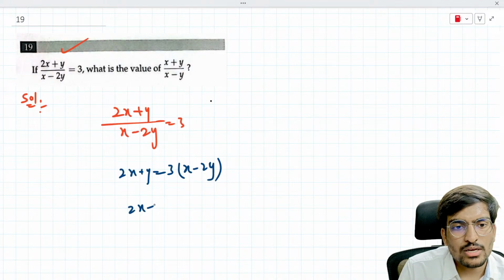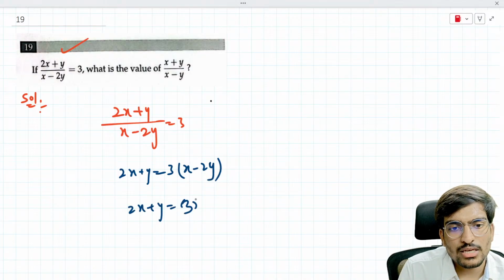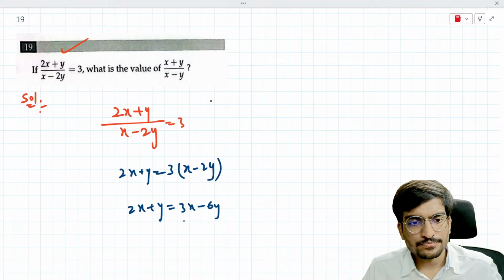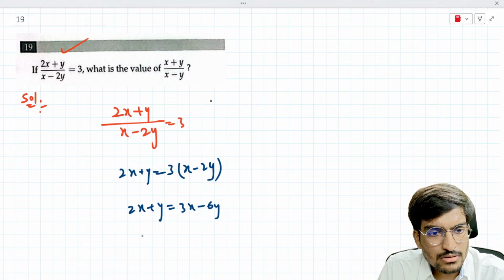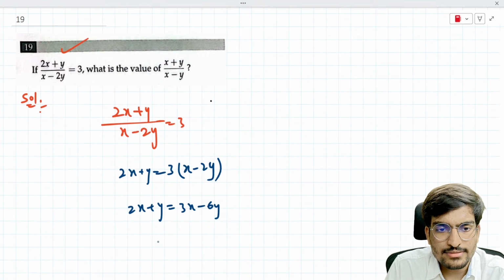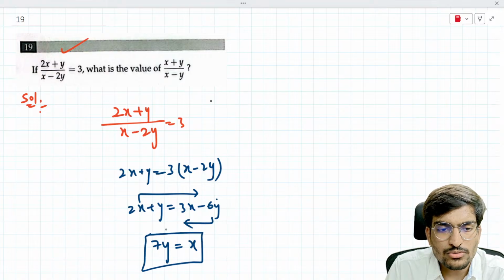So what do I get? 2x plus y equals 3x minus 6y. So 2x and 3x will end up with x, and this negative 6y, this is 7y, that equals x. So x equals 7y you got.